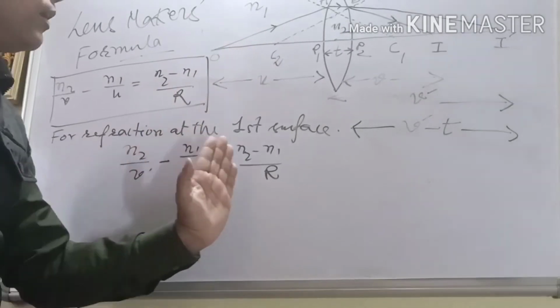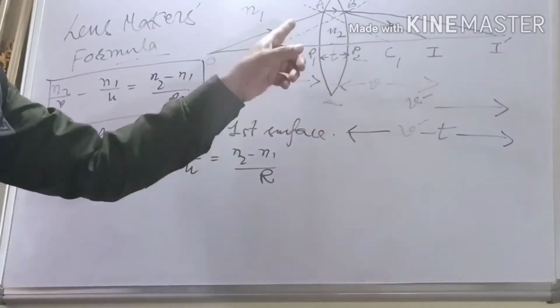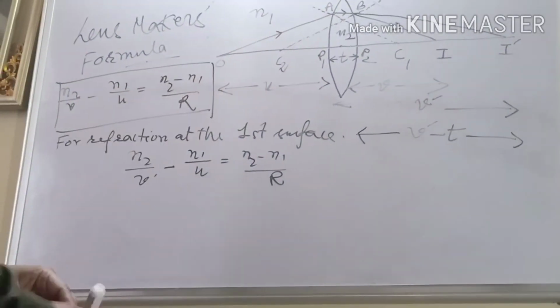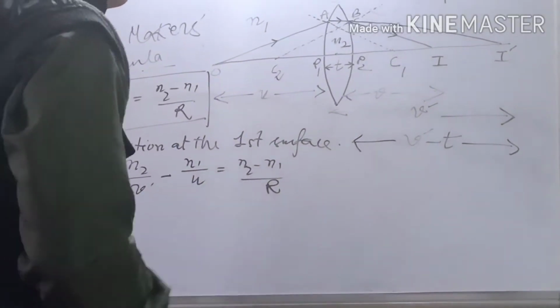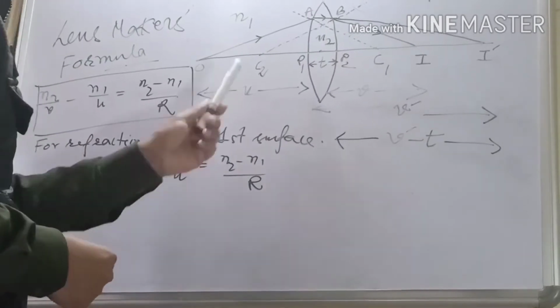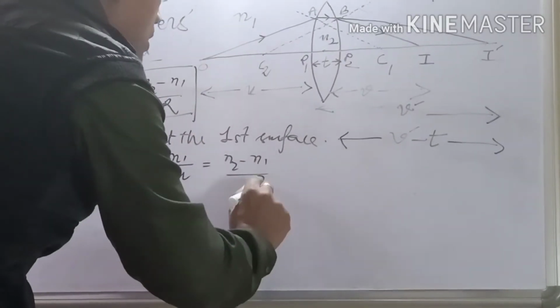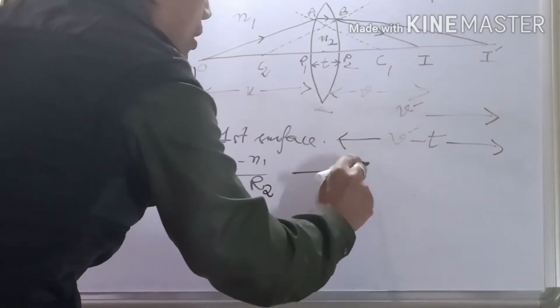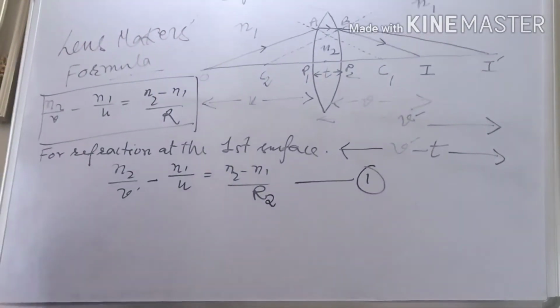Therefore, the radius of curvature will also be different for the two refracting surfaces. So for this side, refraction is taking place with C1, and this is C2, therefore we can say this is R2. We can make it equation number 1.